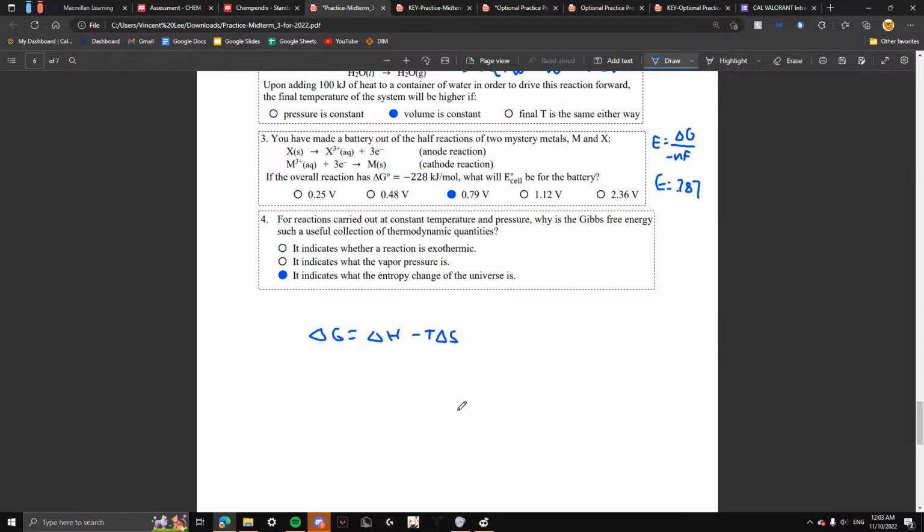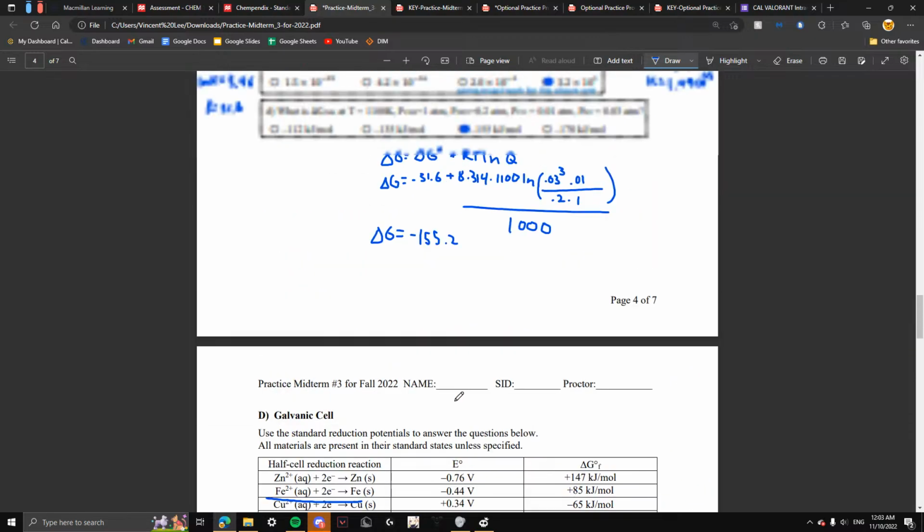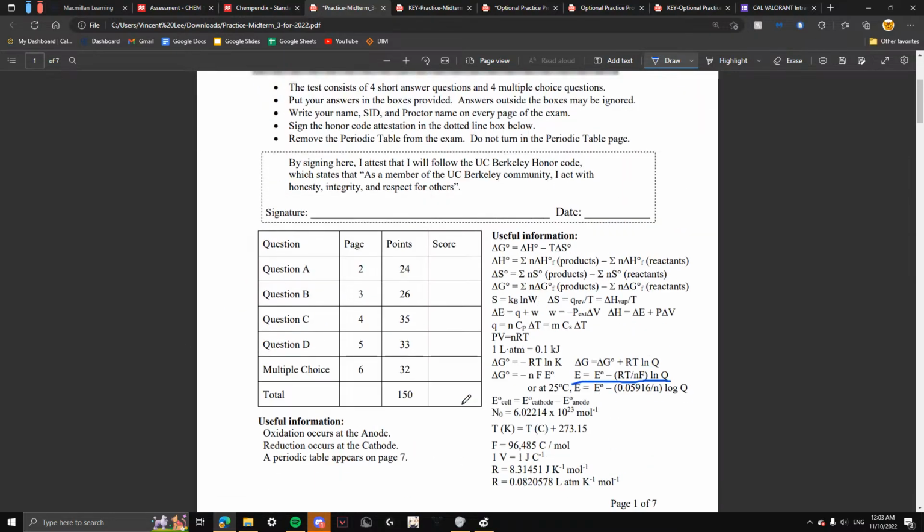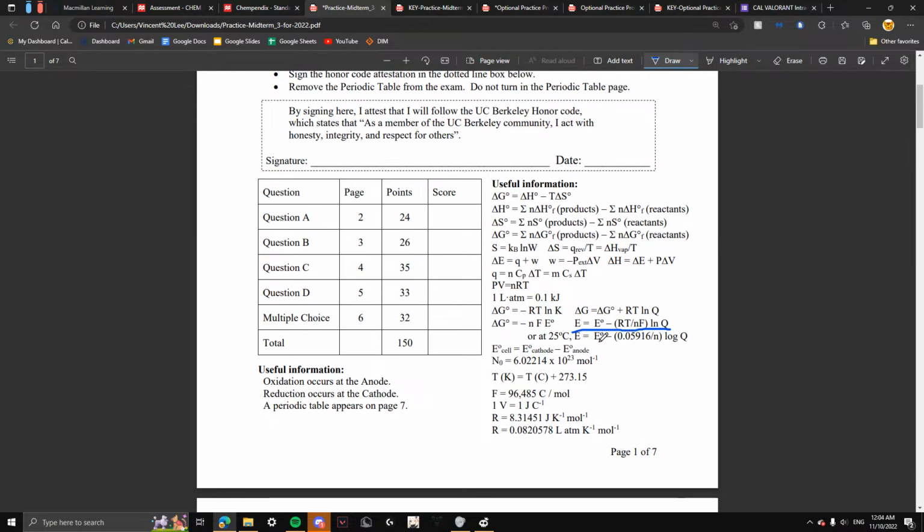Same thing for vapor pressure, because if we look at this equation here and also this equation, when you plug in, we can't always tell if it's ln of Q or just K, right?